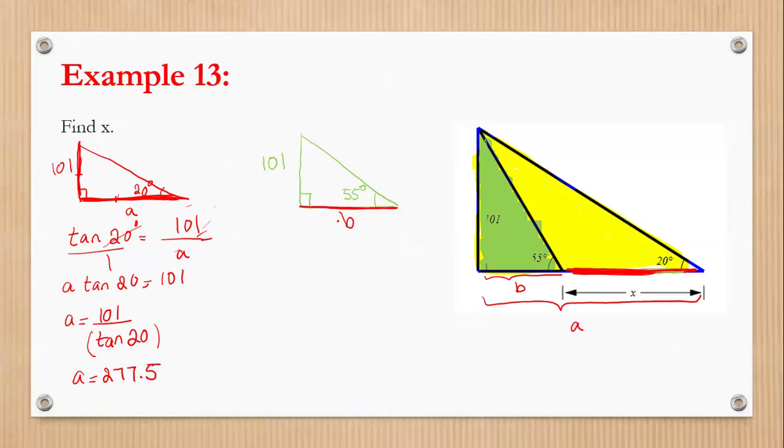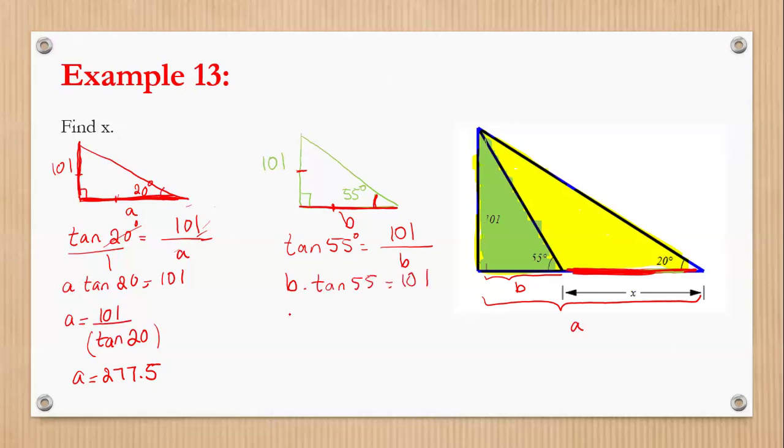From the second right triangle, again, I have a 55-degree angle. The opposite is given to me, and they're asking to find the adjacent. Again, I'm going to use the tangent function. So the tangent of 55 degrees is equal to 101 divided by B. Do the cross multiplying: B times tangent of 55 is equal to 101.